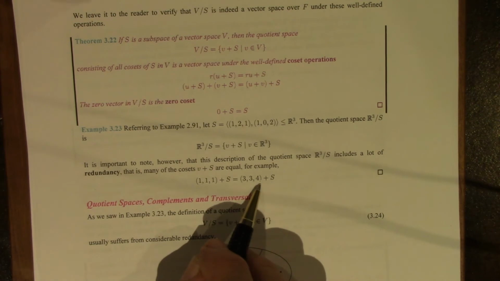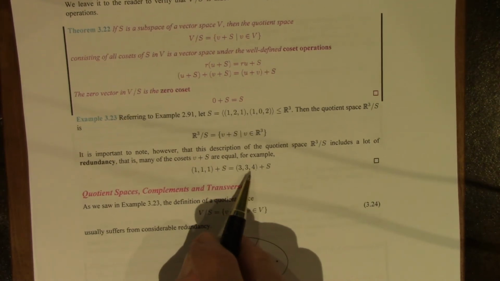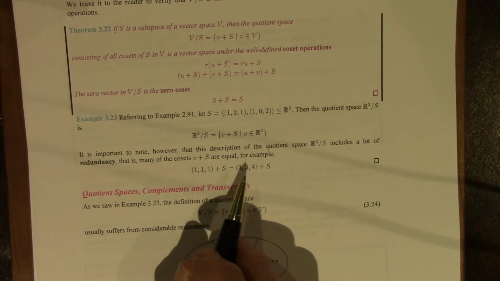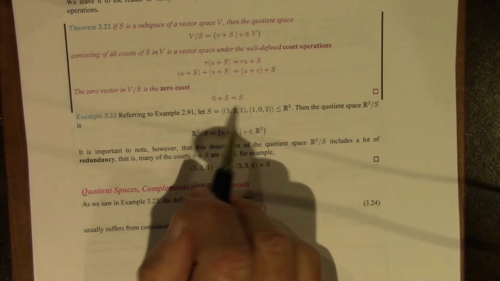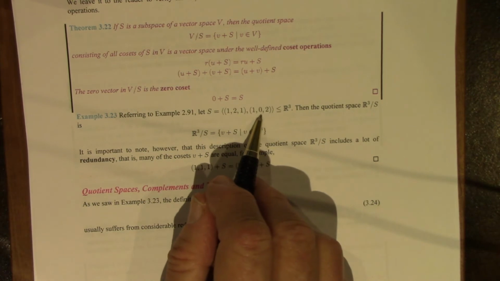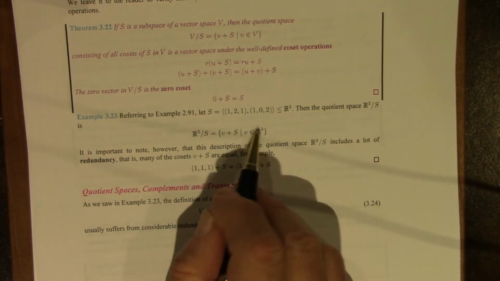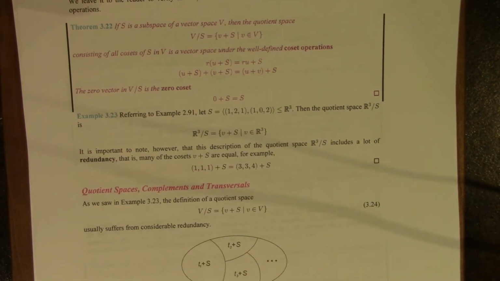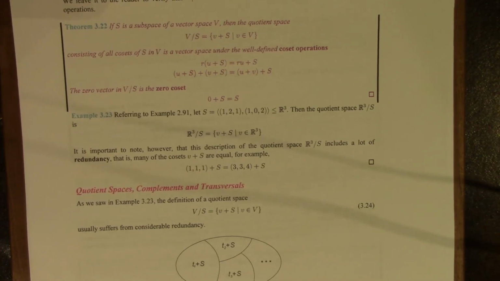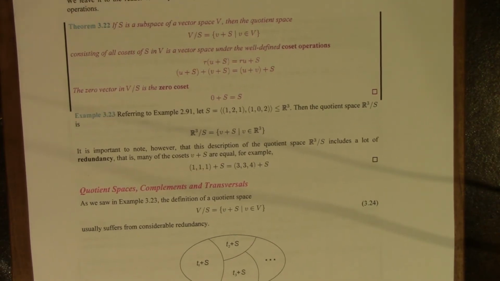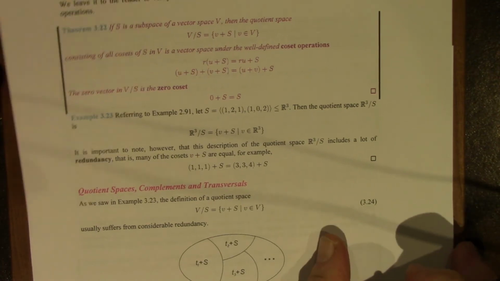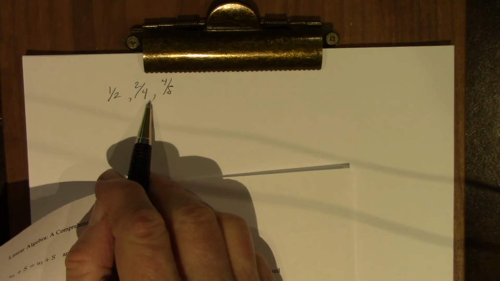These are the same coset, even though on first inspection you can't tell they're the same. You have to take the difference and set up a system of linear equations to make sure that difference does belong to the subspace. So it's not at all as obvious. Equality of cosets is not nearly as obvious as equality of fractions, at least some fractions.